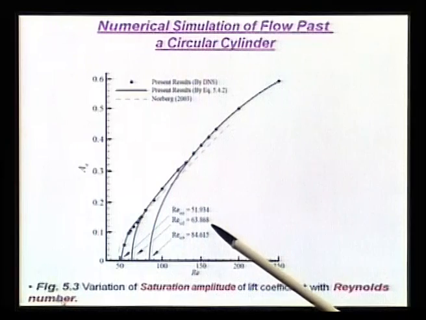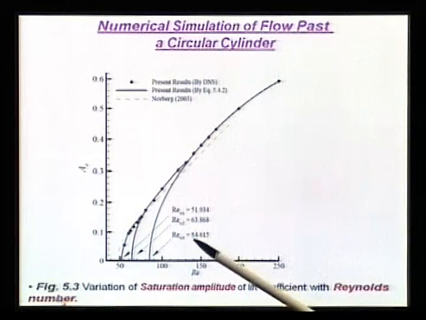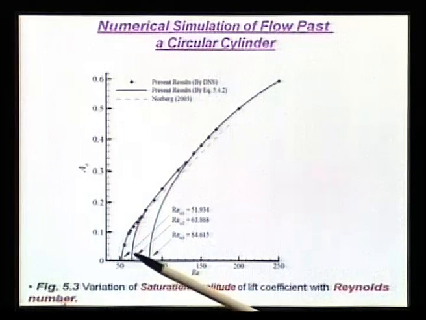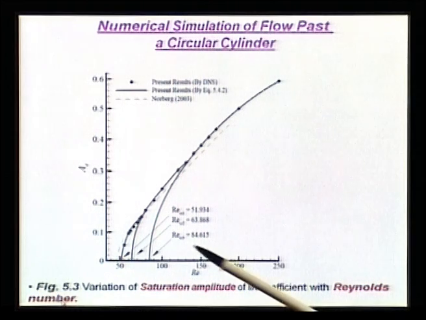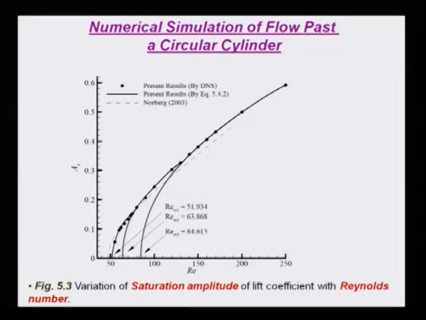The second one is about 64, the third one is about 85. Now, these calculations are done without any background disturbances. The moment we add background disturbance, we could actually bring it further down.